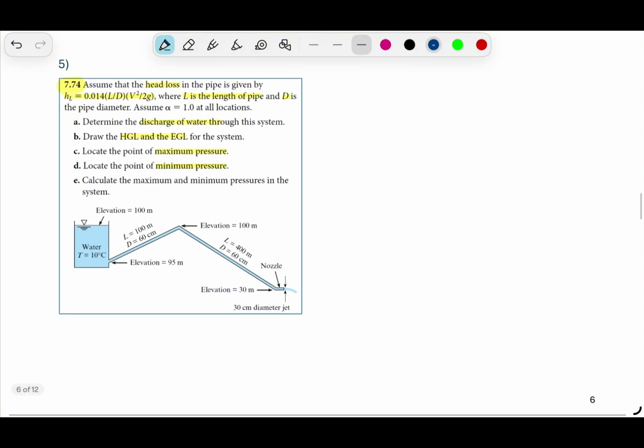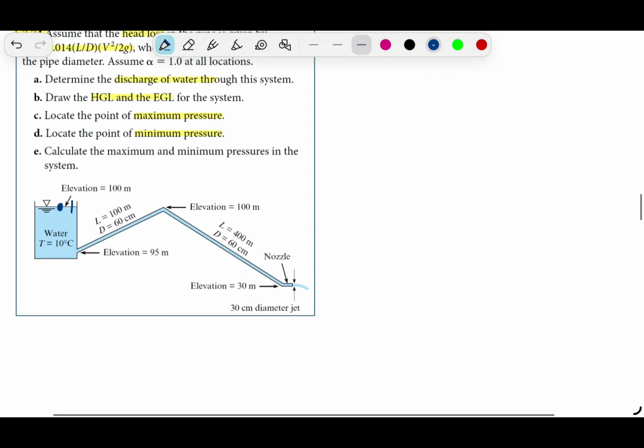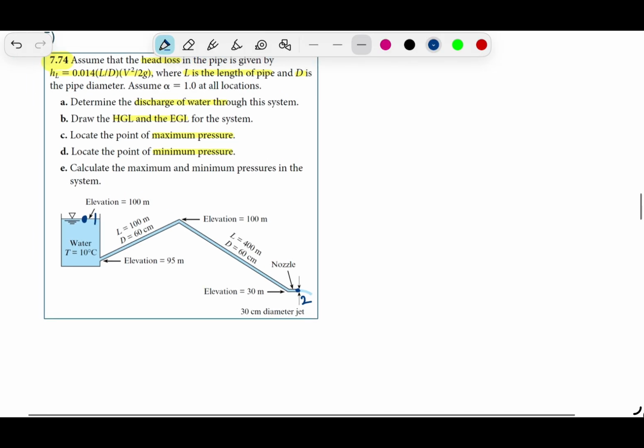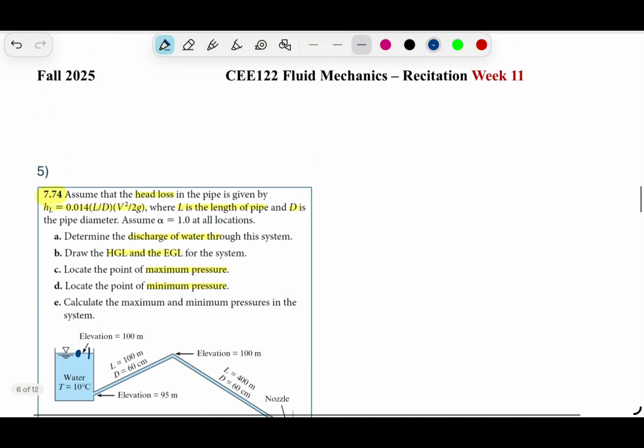So we can actually write the energy equation between 1, which is the reservoir water surface, and 2, which is the outlet of the system. So let me write it here. Energy equation between 1 and 2.